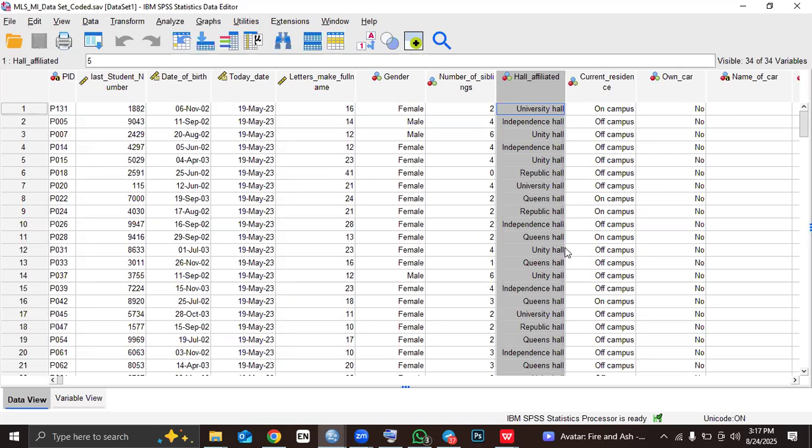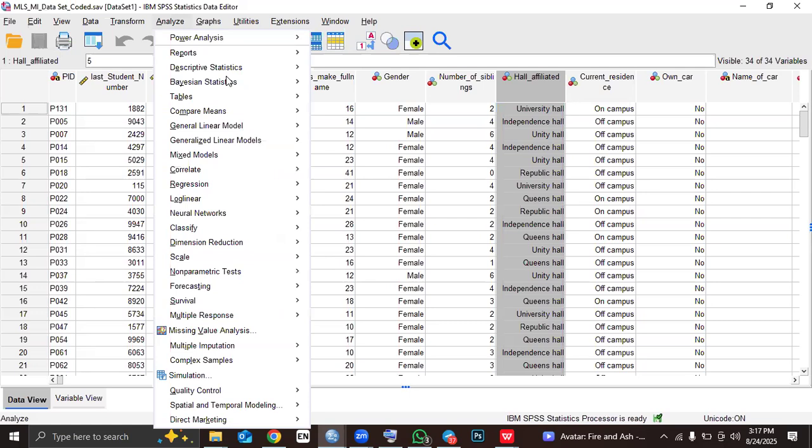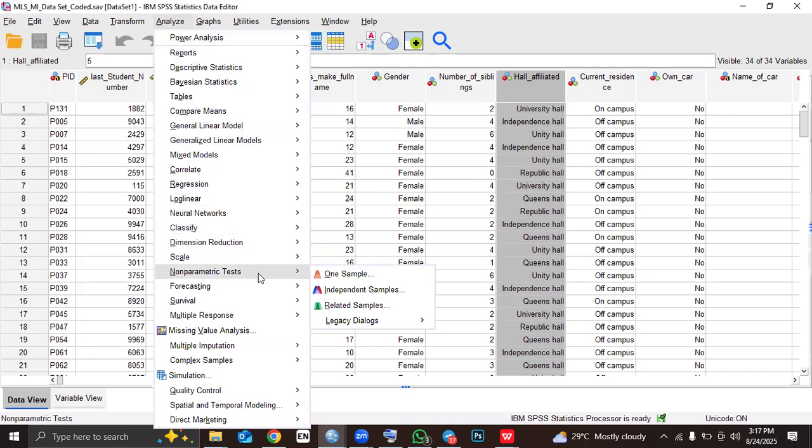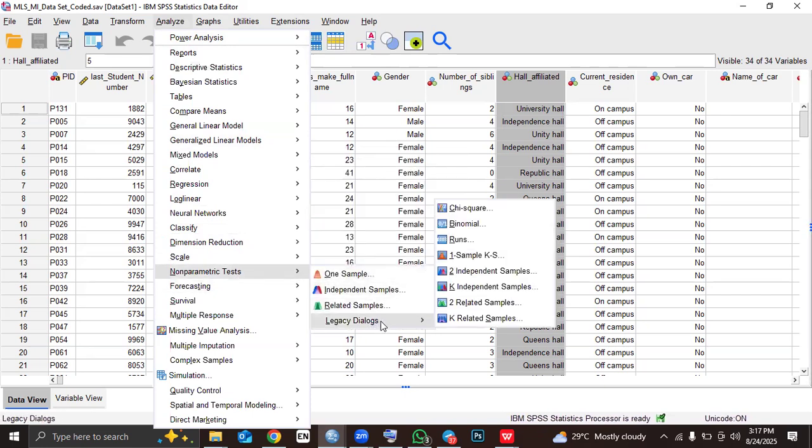So in order to run our chi-square goodness of fit test, we first go to Analyze. Then from Analyze, we come down to Nonparametric Tests. Then from Nonparametric Tests, we move to Legacy Dialogs.